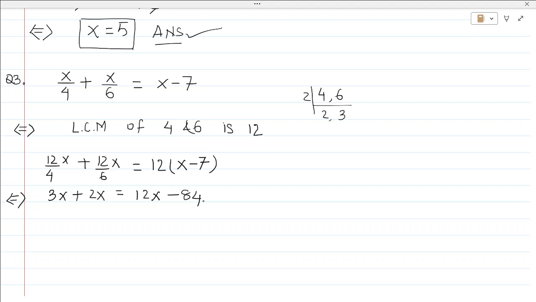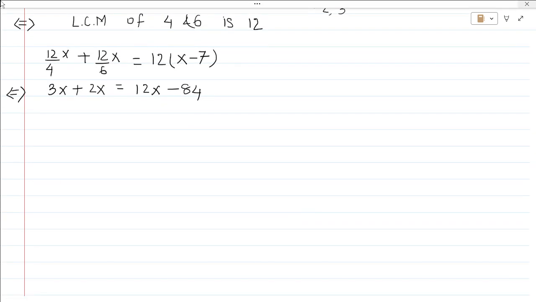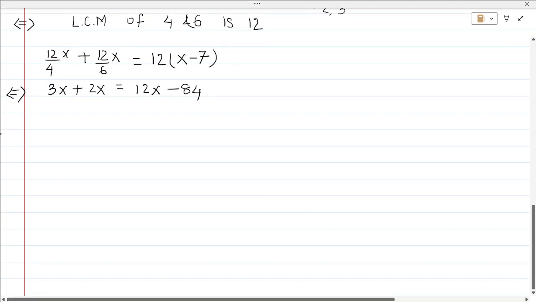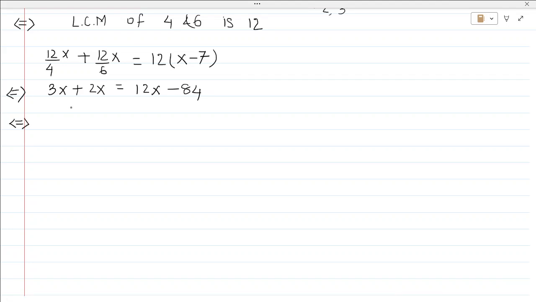Okay, so on the left hand side we have 3x plus 2x, on the right hand side we have 12x. So bringing all the x together, I am bringing on left hand side. So left hand side becomes 3x plus 2x minus 12x is equal to minus of 84.